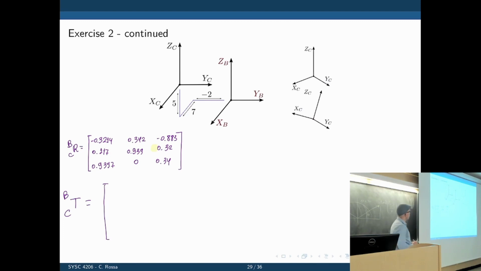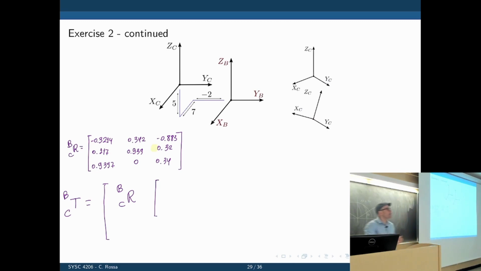The homogeneous transformation has this entire matrix in it. Let's just put it here like this, but it's the 3 by 3 matrix, basically copy and paste here. I'm just not doing that because I'm lazy. Concatenated with the translation vector. What is the translation vector? It's how much the camera was moved with respect to the robot.